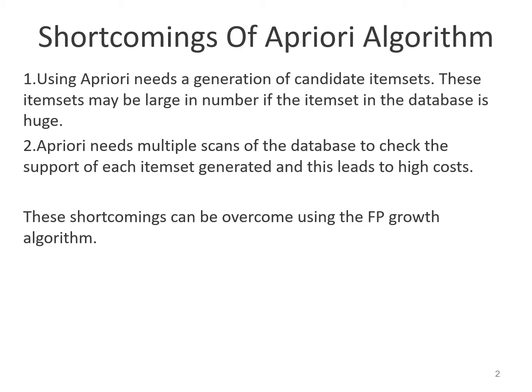These item sets may be large in number if the items in the database are huge. Scanning the database again and again, multiple times, to check the frequency of occurrence of each item set has a high cost. It consumes more time. So these shortcomings can be overcome using the FP growth algorithm.